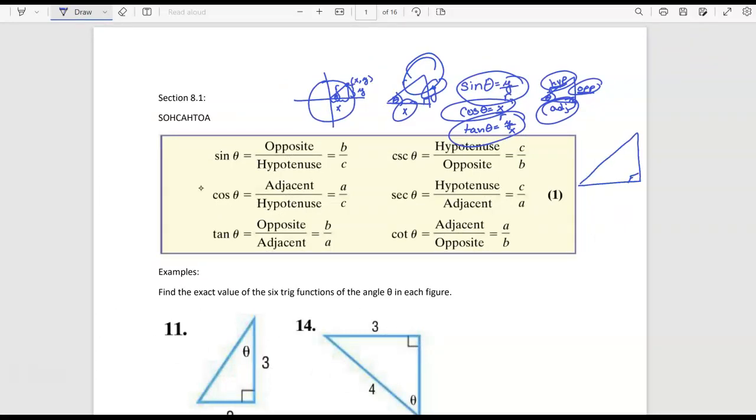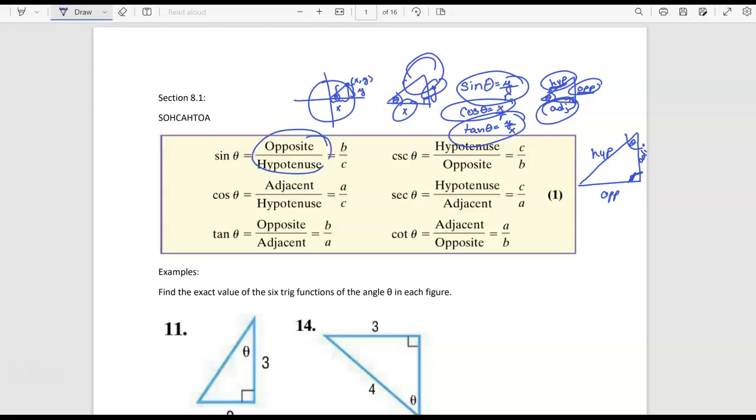For a right triangle, let's say our theta is here. This is my right angle. Then this side is still the hypotenuse, but this would be the side opposite of the angle, and this side here would be the adjacent side. Adjacent means that it's touching that angle. And then we could find the values for the six trig functions as well.